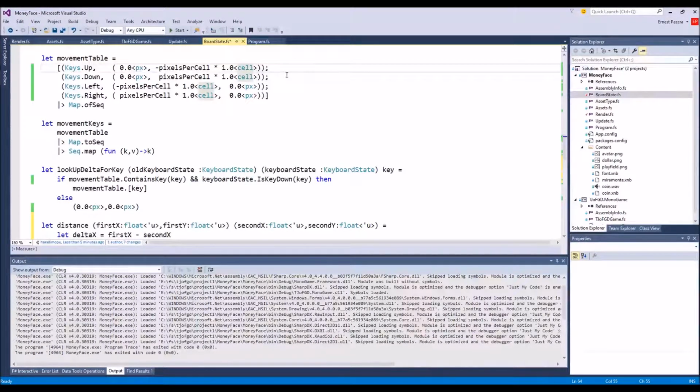cells per seconds. So okay, I've got pixels per cell. That's pixels per cell times 1 cell. So I wind up with divided by 0.0 seconds.